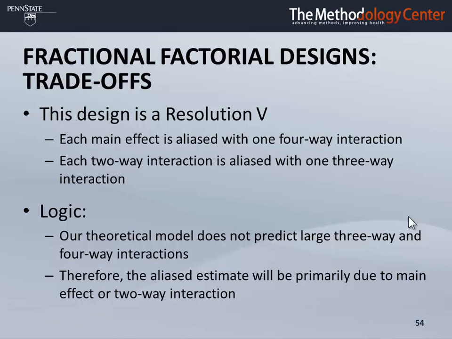If you're willing to assume that the higher order interactions are negligible in size, they don't have to be exactly 0, just negligible, then it makes sense to take advantage of the economy offered by fractional factorial design. This is one reason why I really emphasize the theoretical model. If your theoretical model predicts that there's an important 4-way interaction, then you should not use a fractional factorial design. If it doesn't, it's something you might want to consider.